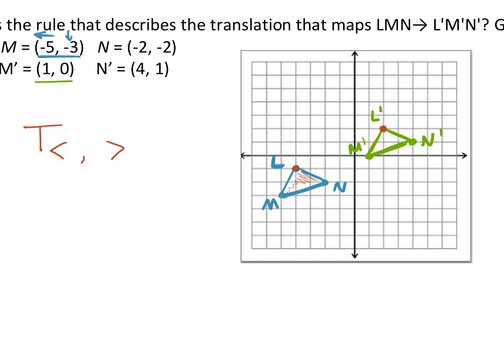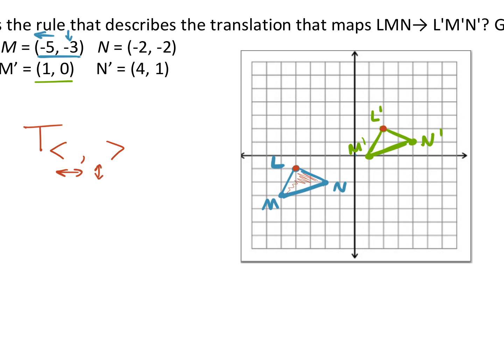So starting at L, if I want to get to L prime, here's where a lot of mistakes get made. It is super tempting for a lot of people to start by going up first. Moving up is which value, X or Y? That's your Y value, okay? You want the X value. So you always want to go left and right first, and then up and down.